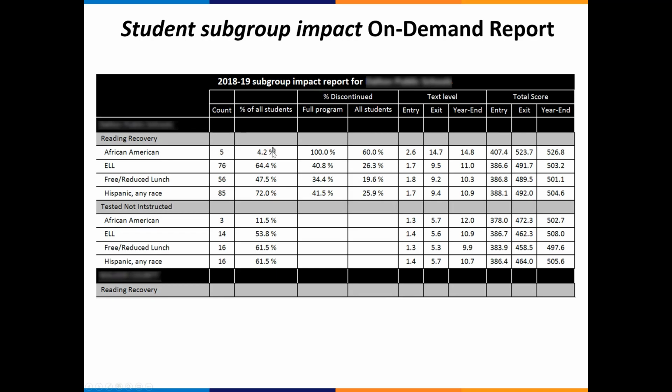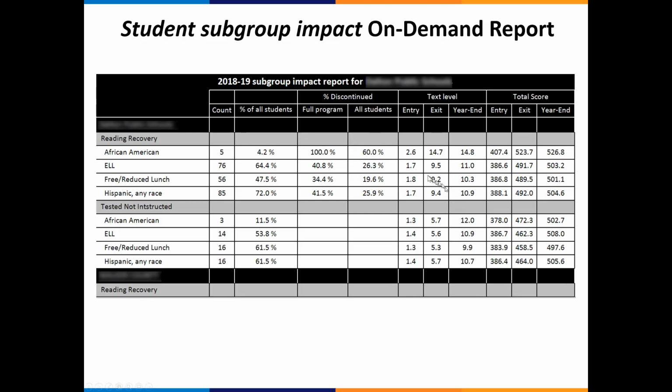And then it reports out of all of the students served what percentage these students represent. And then we look over at discontinuing rate. So for example, for African American students, in this example, 100% of the students were discontinued when you look at just full program students. 60% were discontinued when you look at all students.